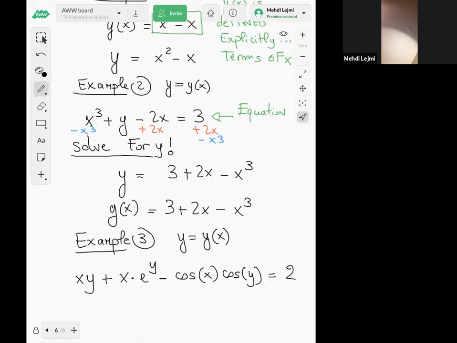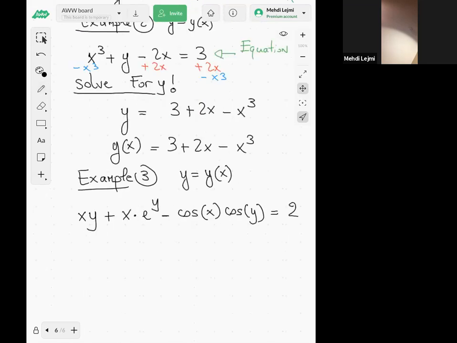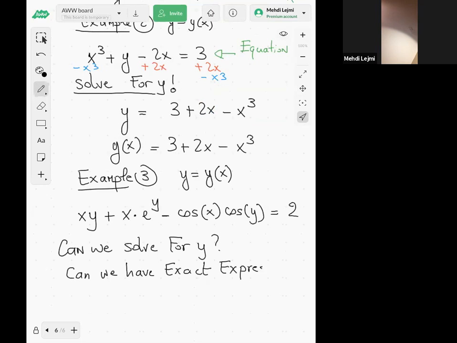The question is, can we solve for y? In other words, can we have the exact expression of y in terms of x?